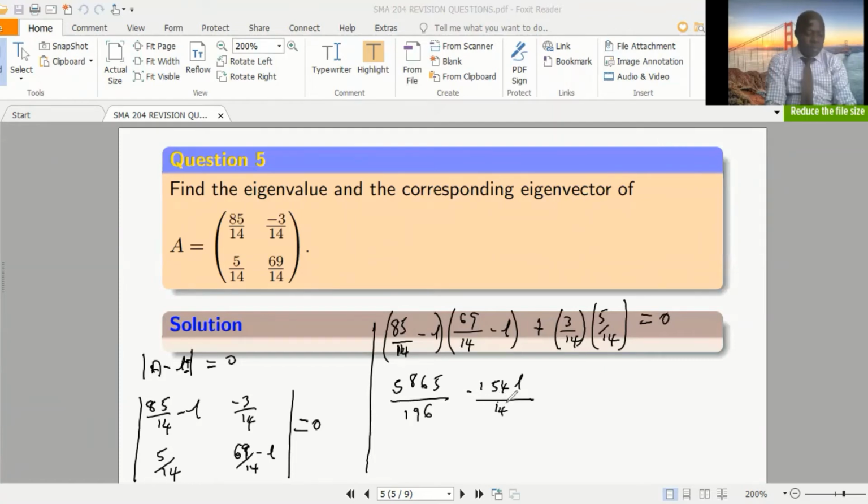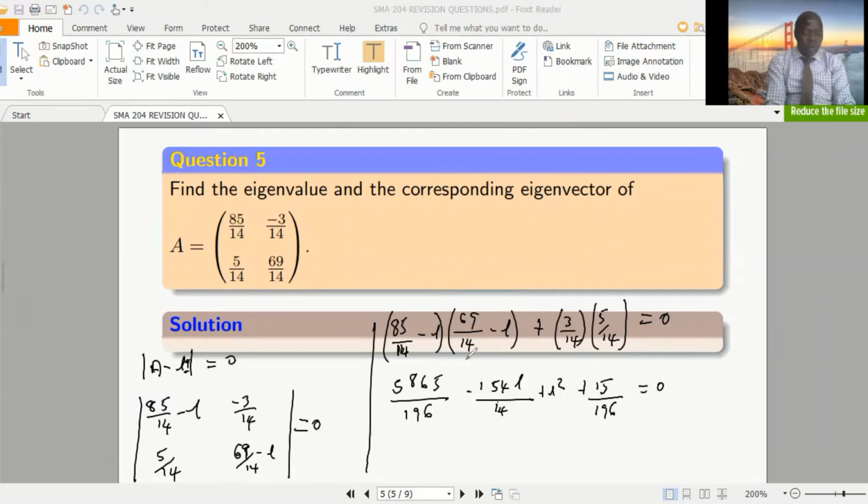And this other one gives you lambda square. And I was also getting 15 out of 196. And this gives you 0. Just multiply this and that, this times that plus this times that, which gives you 154 lambda out of 14. Then minus lambda times minus lambda gives you lambda square.